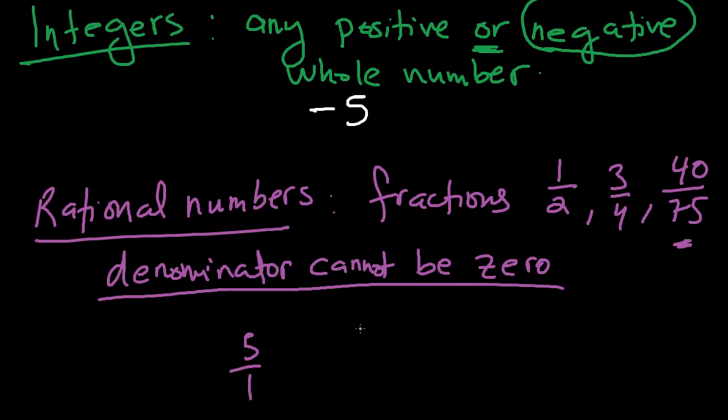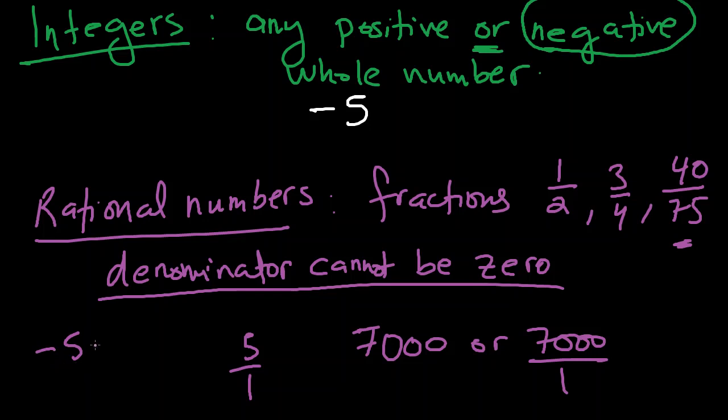Because any number can always be written over 1. So let's say you had the number 7,000. You can write 7,000 as 7,000 over 1. And same thing for negative numbers. So any integer. So let's say you had negative 5. You can write negative 5 as negative 5 over 1.